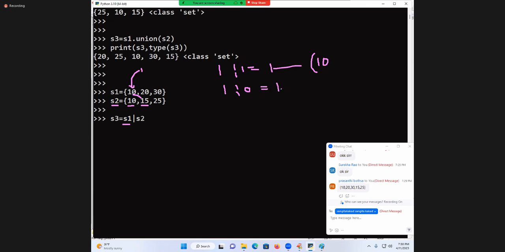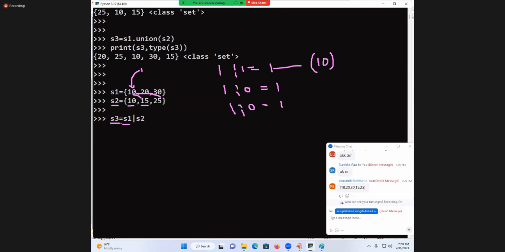Again 10 will be taken because of the OR operator. But 10 is already marked for selection or not? Marked for selection. One more thing. 10 will be compared with 25, 1 with 0. That is not similar, it is called 1. 10 is marked for selection.